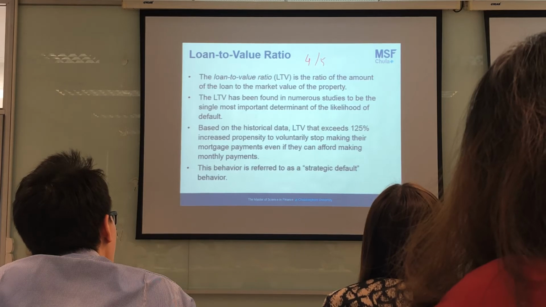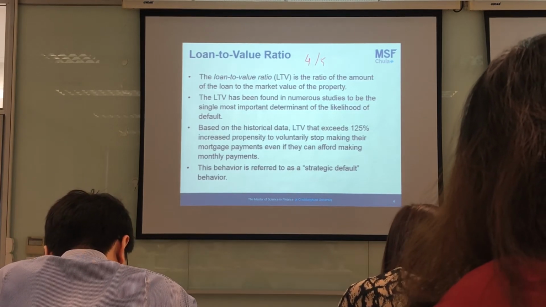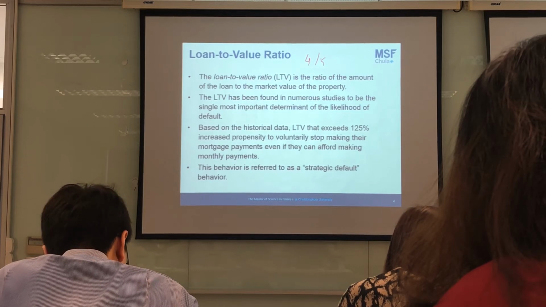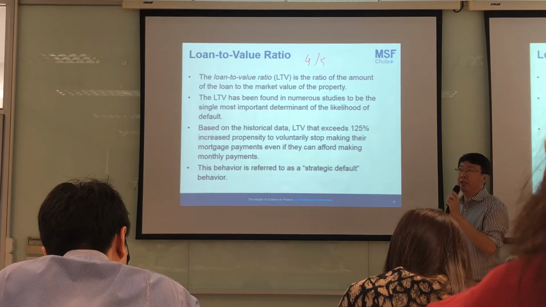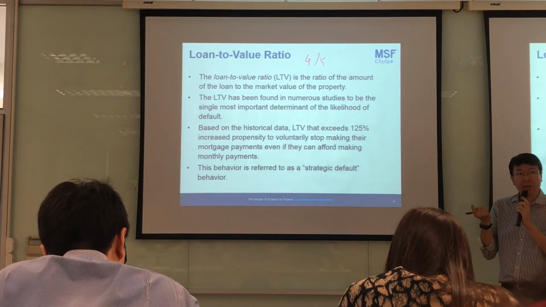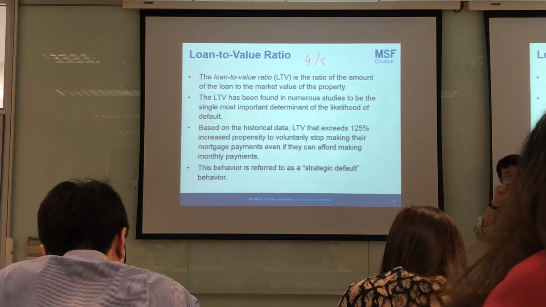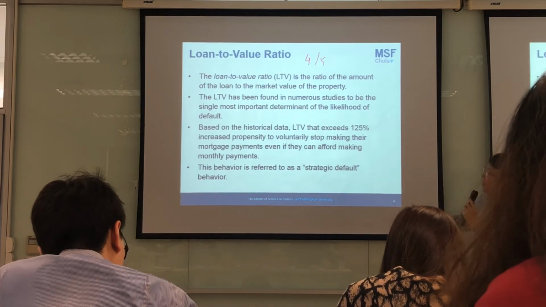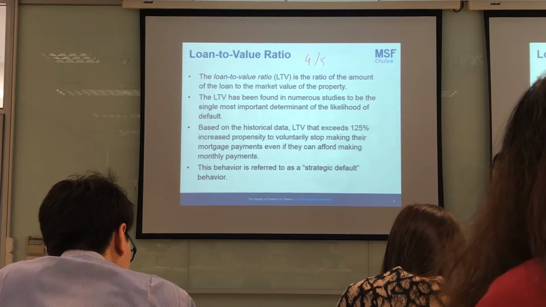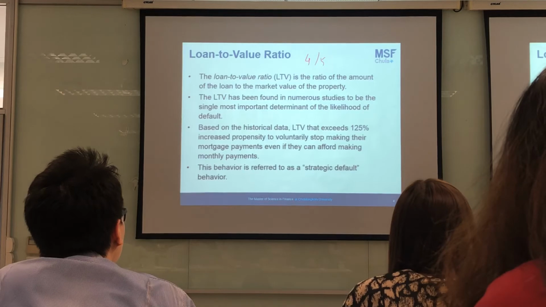Everyone knows it. So the higher the LTV, it means the bank lends more relative to the value of the collateral. If the LTV is greater than 100%, it means that the bank lends more than the value of the house.